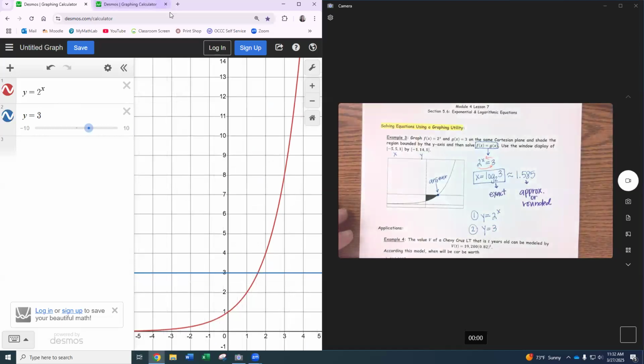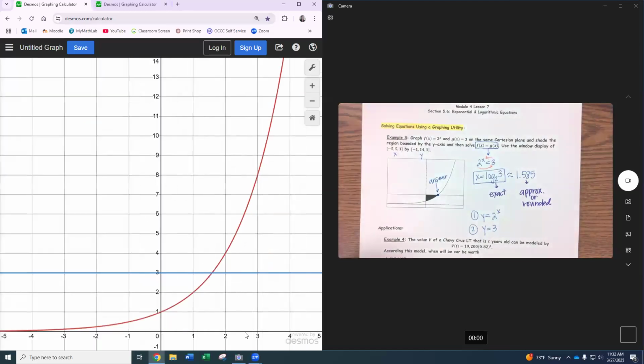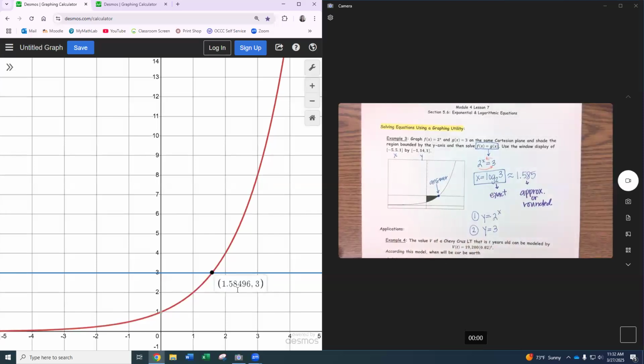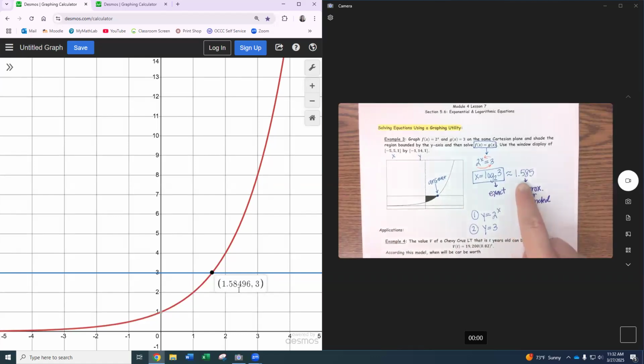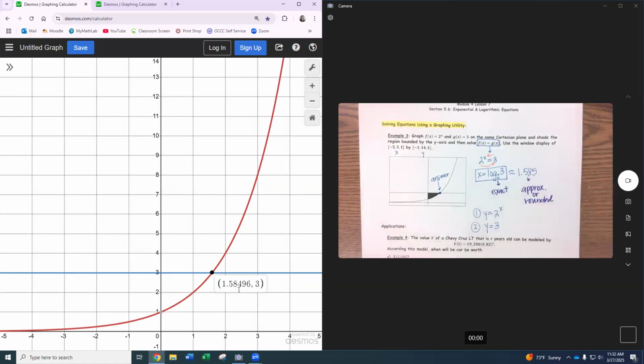Now, if I make this go away, that kind of looks more like this graph right here. And so where is this crossing? It's crossing at approximately 1.585.